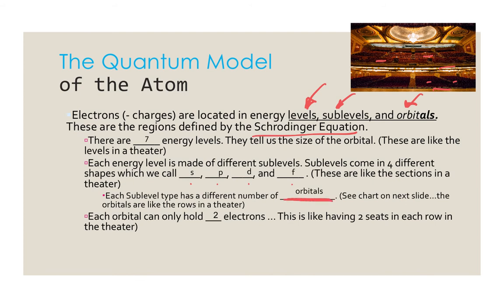You can think of that as being like the rows in the theater. And last but not least, each orbital can hold 2 electrons. That's it. So that's like each row in the theater only having 2 seats in it. Kind of a crazy theater. So when we think about this, we can start mapping and figuring out where electrons are in a particular atom. Let's get a little bit more detail on these sublevels and levels.